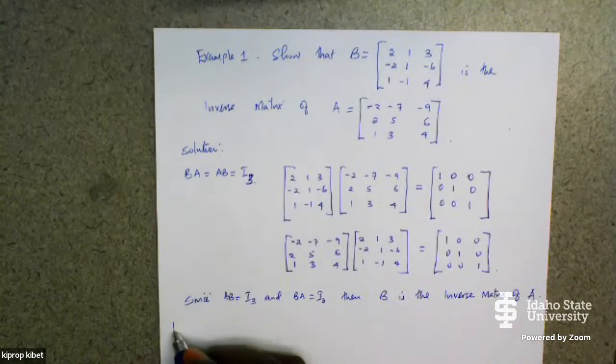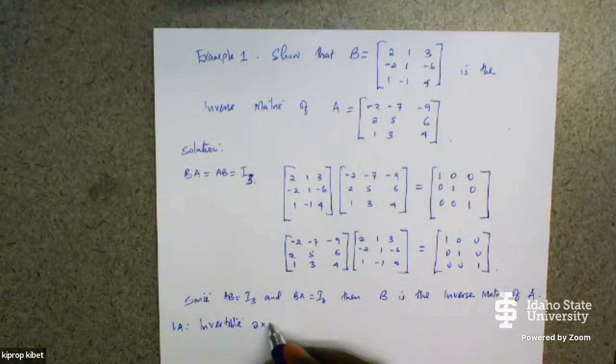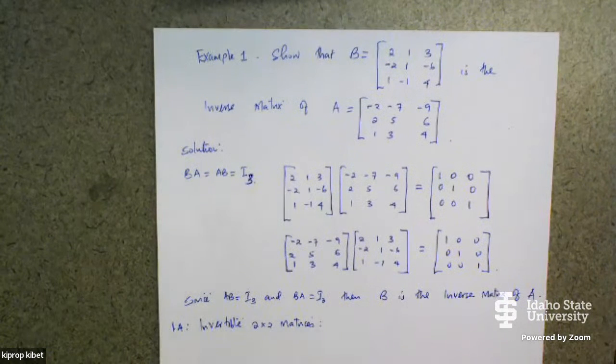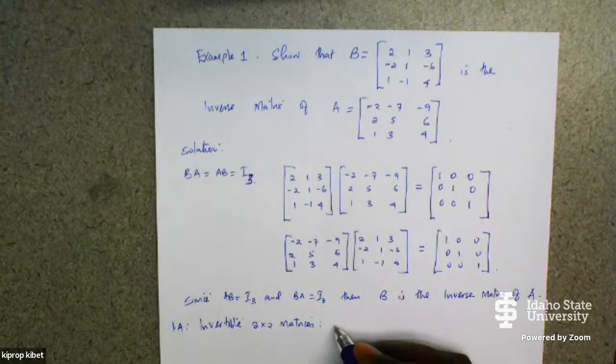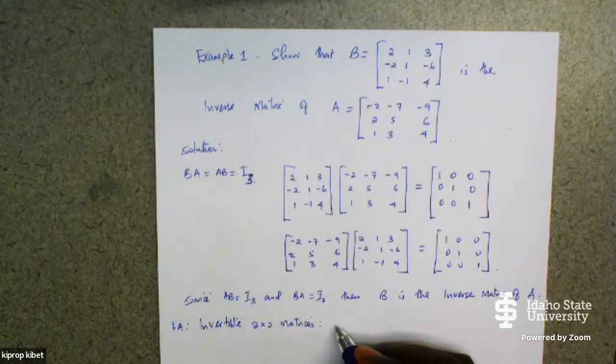Okay, let's look at 1.4, and this is the invertible 2 by 2 matrices. We'll just take this one, we'll not prove it. You can check in the textbook. What you do first is you need to get the determinant.